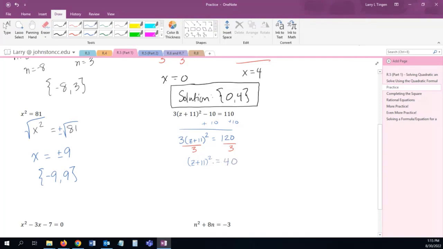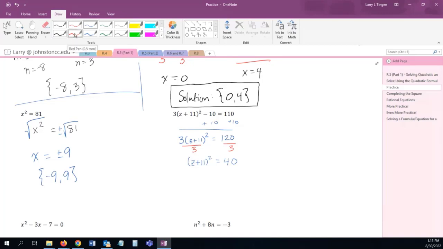And now this problem looks like the problem on the left. Now, this is one of those cases where you have to squint your eyes and look at it sideways, but this is something squared equals a positive number, just like this is something squared equals a positive number.